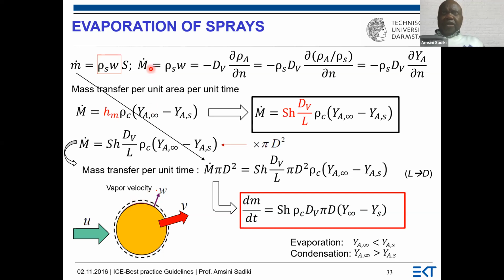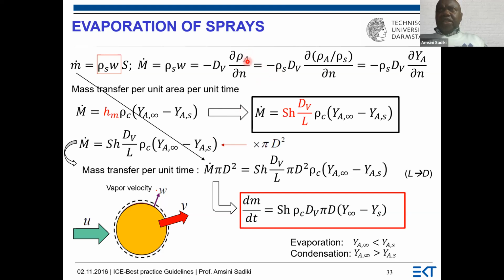If we take it per unit of surface, we have capital M dot, which is the diffusion coefficient multiplied by the variation of the density along the direction orthogonal to the interface.